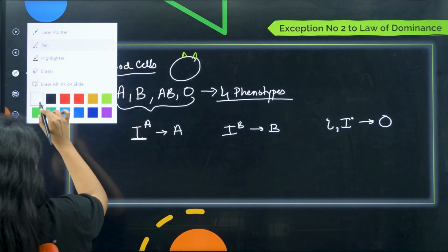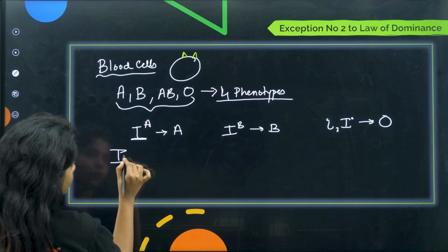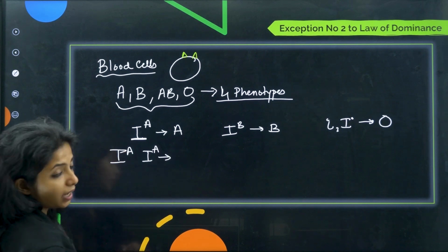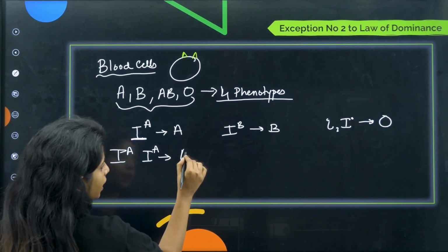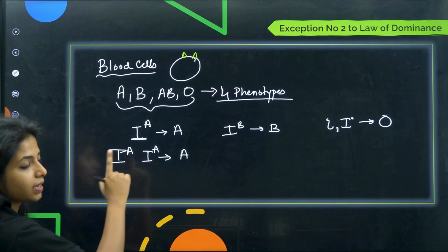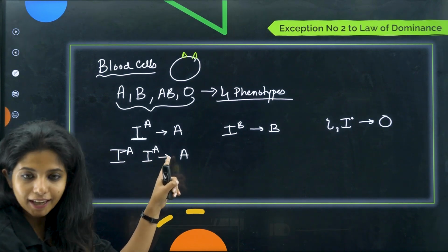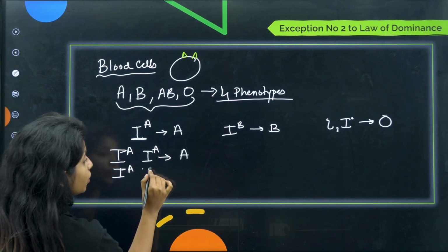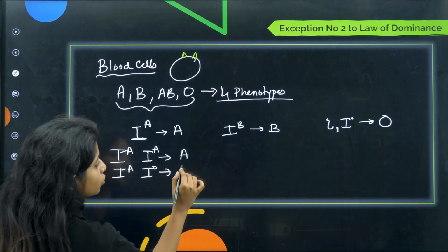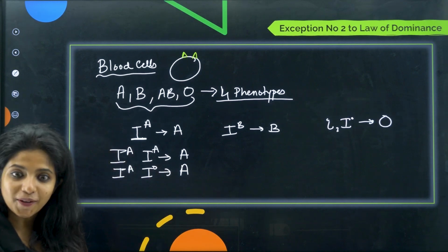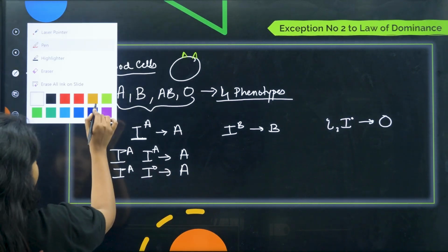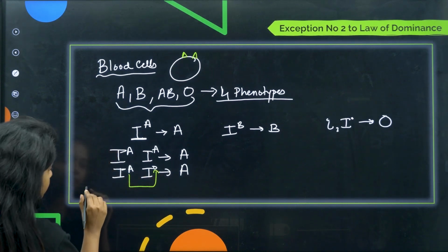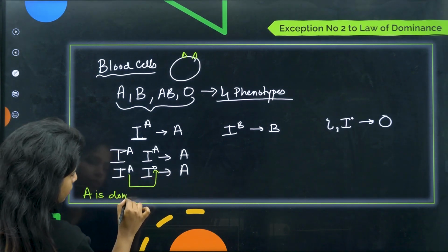When from one parent you are getting IA, and from the other parent also you are getting IA, at this point, children, you have A blood group. It is the homozygous A condition. Now from one parent you are getting A, from the other parent you are getting O. At this point also you will get A blood group. Why? You understood one thing, that basically A is dominant over O.